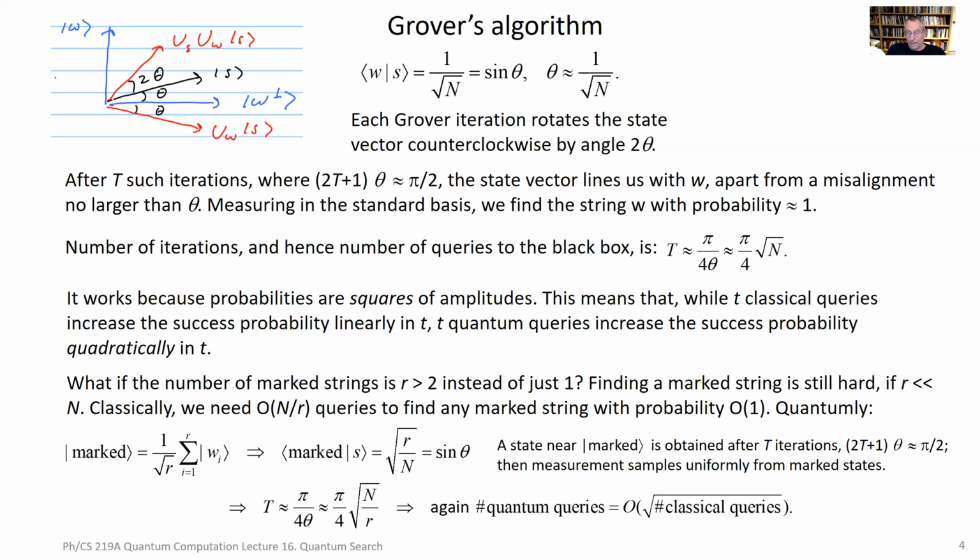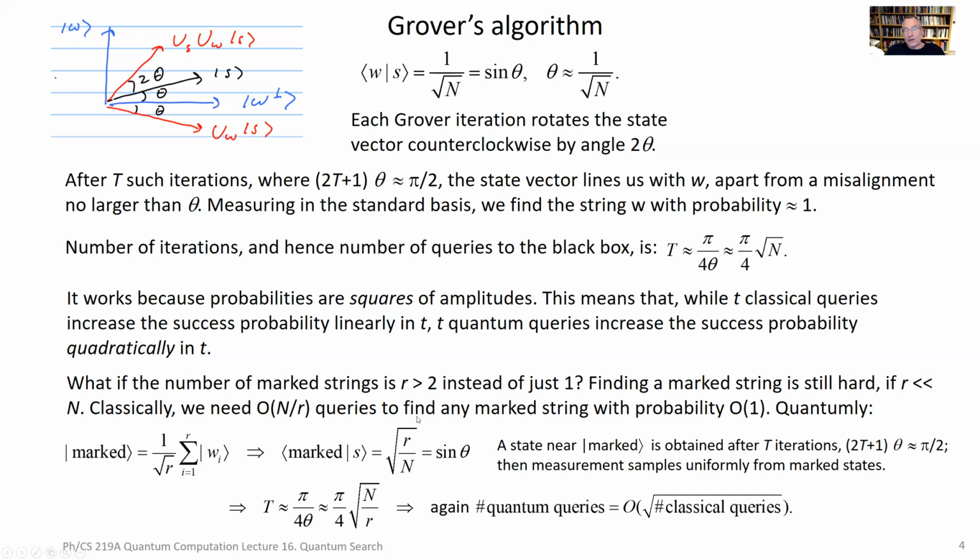angle than before. And so now, again, the number of queries that I'll need to reach the marked state with probability very close to 1 is still going to be pi over 4 theta, but now theta is a larger angle, square root of r over N instead of 1 over square root of N. So the number of queries that I need goes like the square root of N over r times that same numerical factor of pi over 4.